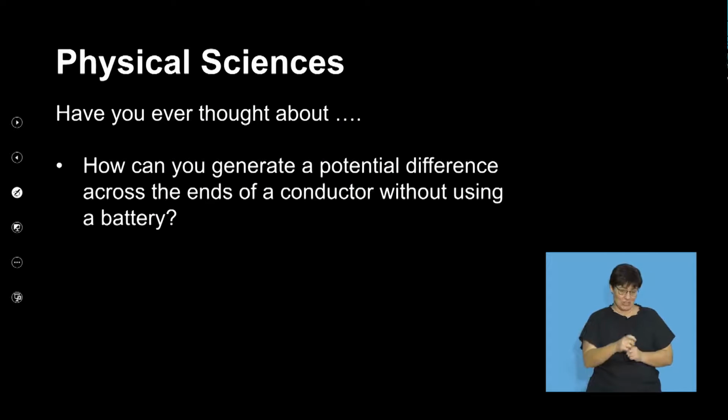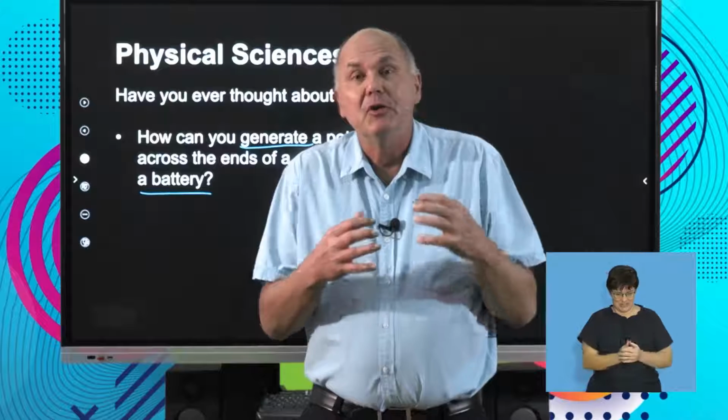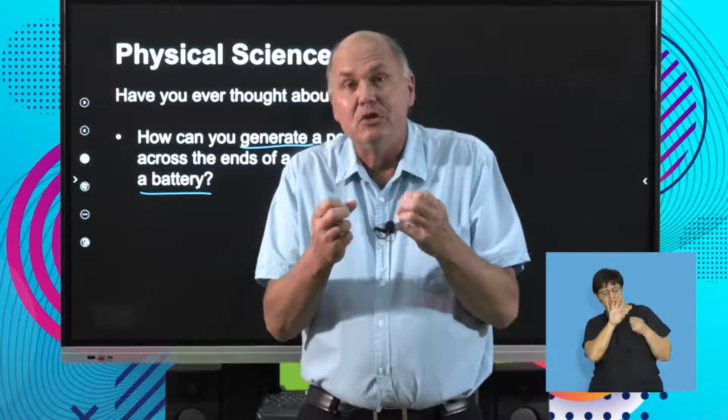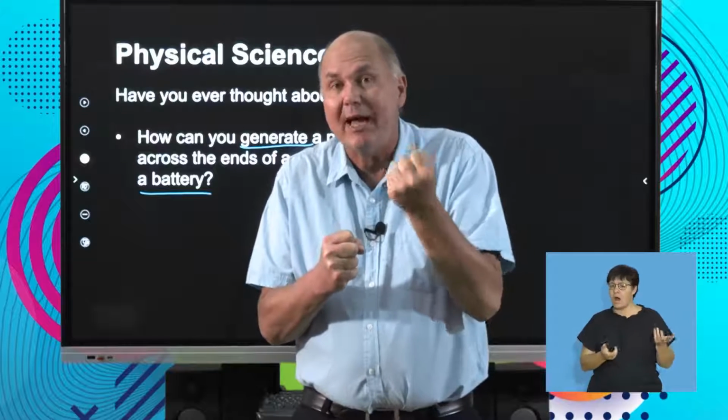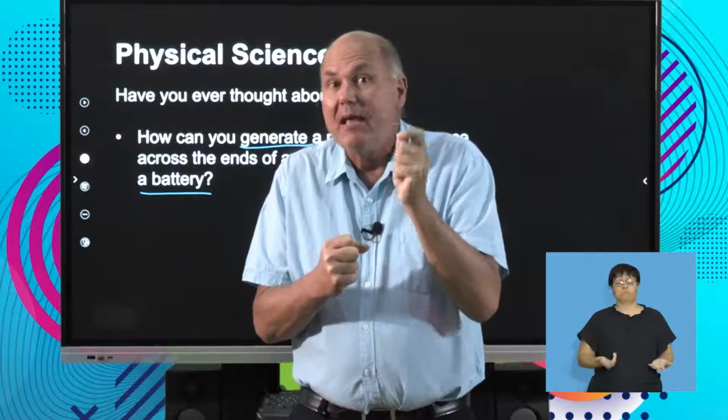So, how can you generate a potential difference across the ends of a conductor without using a battery? Now, I've already given it away, in a sense, because we'd recognize that to do this, we don't need a battery all the time, but maybe we can use a magnet as well.